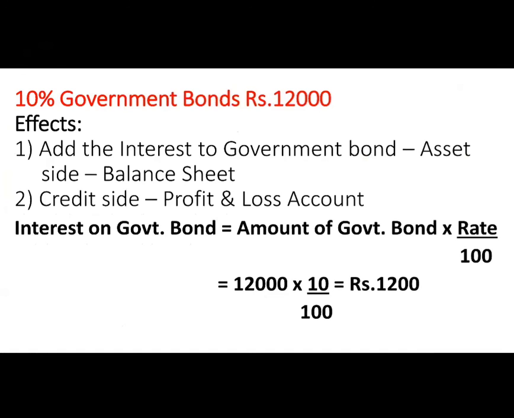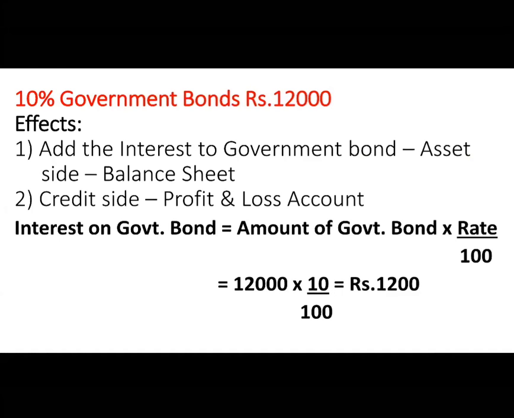Now the next is 10% government bond, rupees 12,000. Again, this is a hidden adjustment which will be there in the trial balance. So as from the name itself, 10% government bond, अगर ऐसा पूछा है तो definitely it is a hidden adjustment, and this 10% is nothing but the interest that you have to calculate.